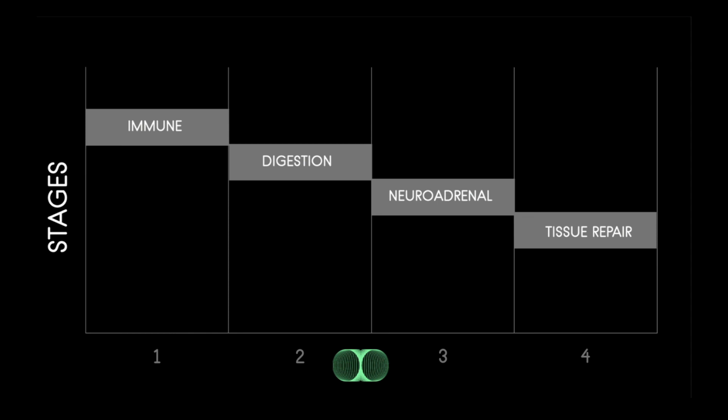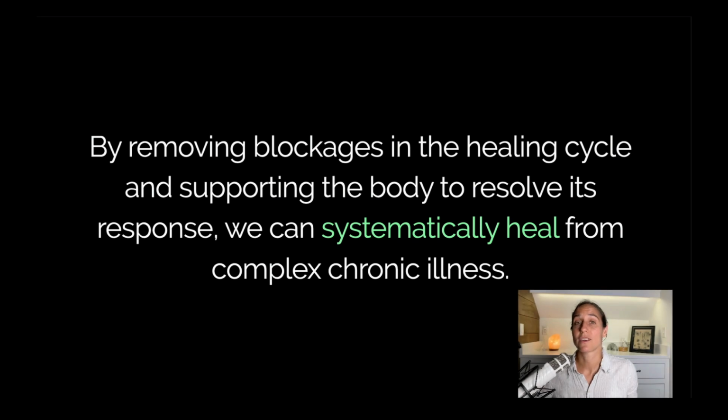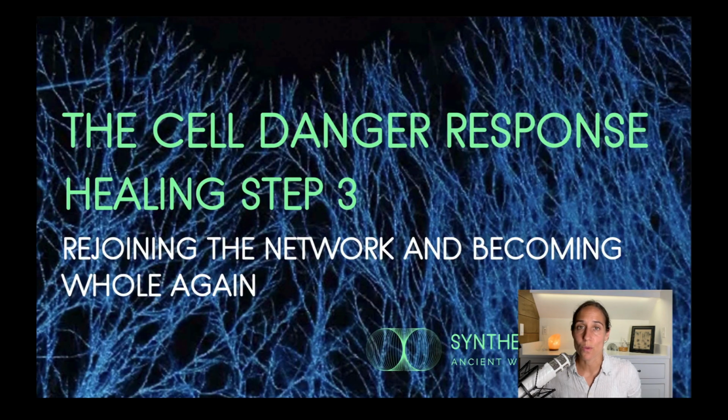And then where there's tissue damage, only then trying to increase circulation. By removing blockages in the healing cycle and supporting the body to resolve its healing response, we can systematically heal from complex chronic illness. So that is the purpose of Cell Danger Response 3 and how and why it works, and also what happens when it goes wrong.